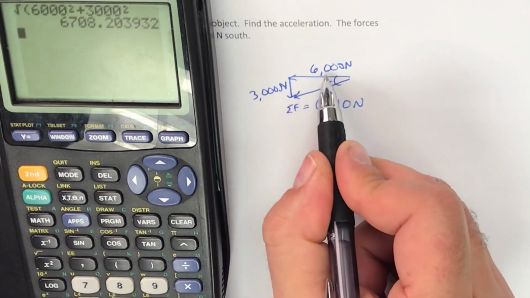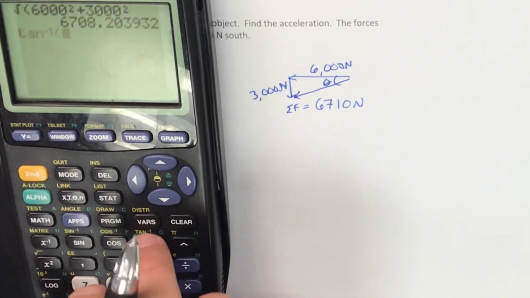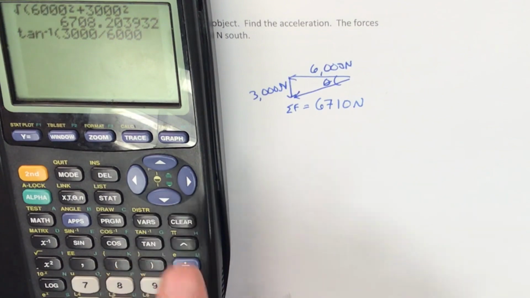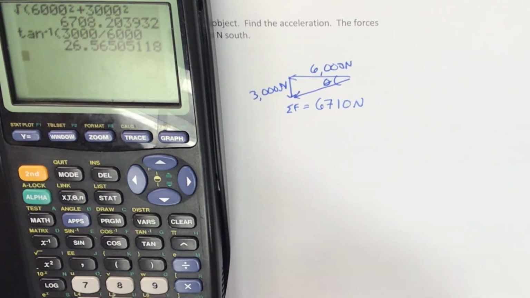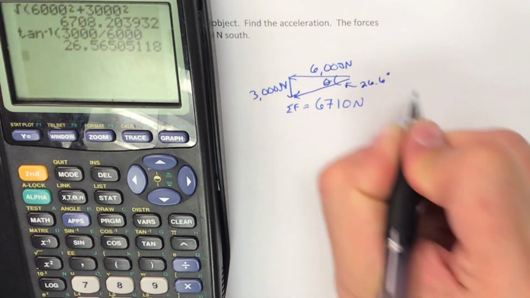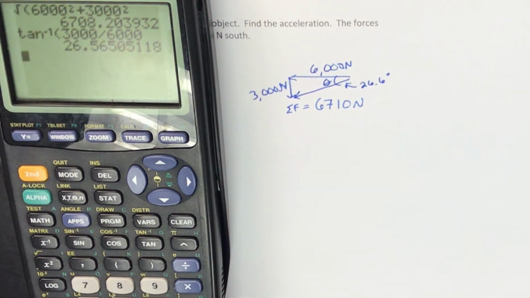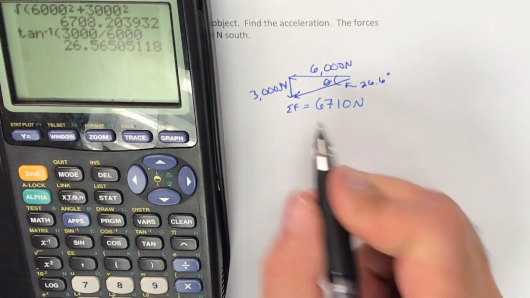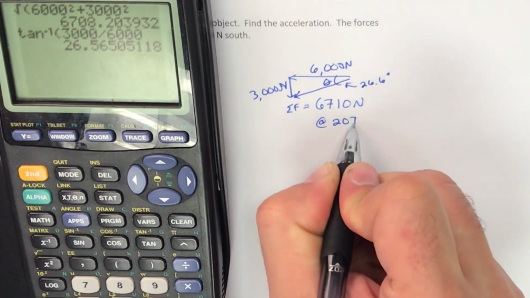Tangent is opposite over adjacent, right? So the inverse tangent of 3,000 divided by 6,000, or 3 over 6 or 0.5, would give you 26.6 degrees. That right in there is 26.6 degrees. And if that's 26.6 degrees, then 180 plus 26.6 is 207 degrees.